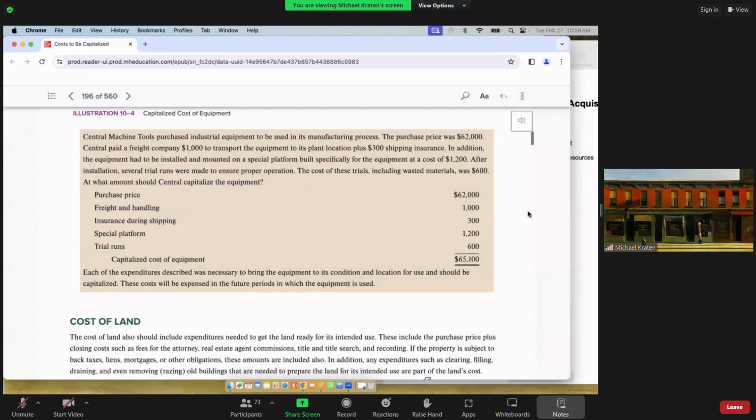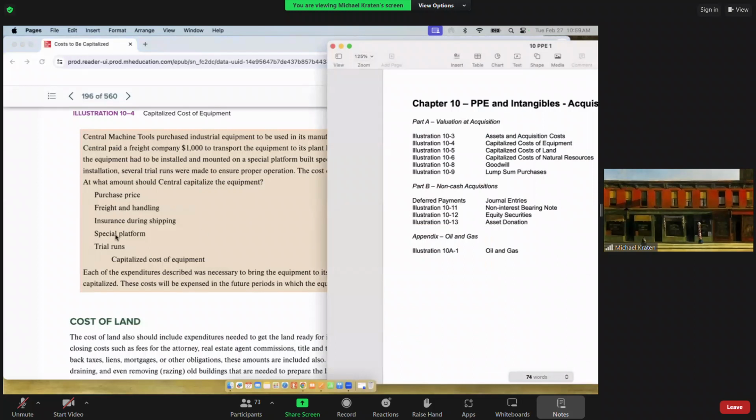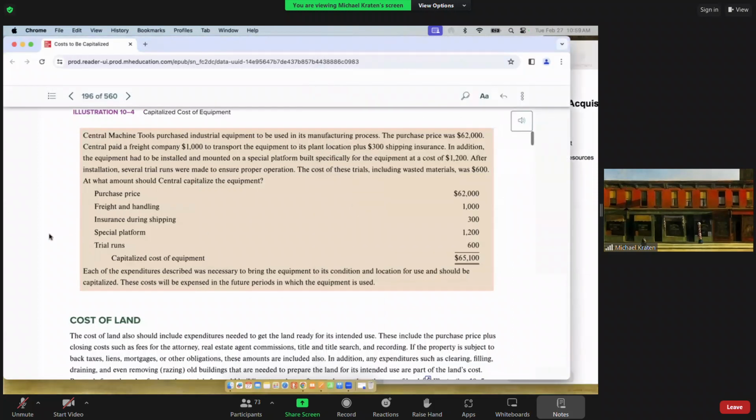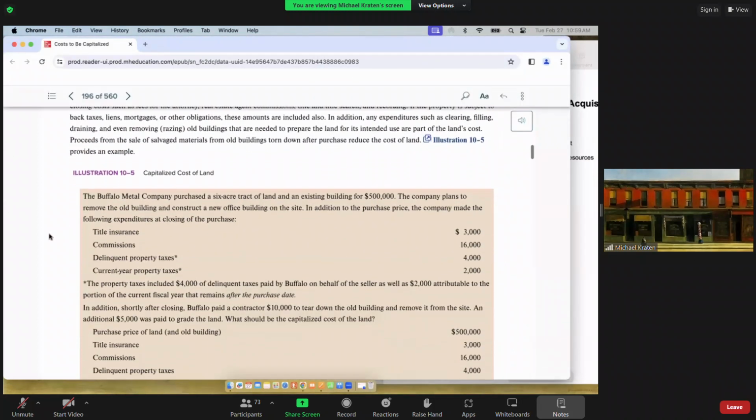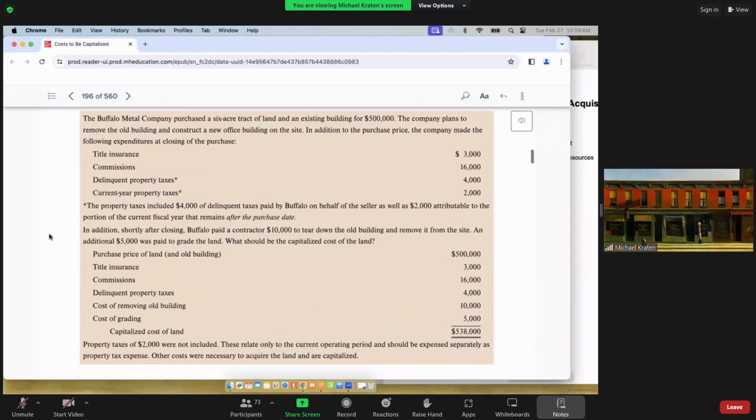Okay, questions about illustration 10-4? Okay. 10-5. Now, honestly, what the textbook author does at this point and through the remainder of the chapter, he's really just going back to the same issue.